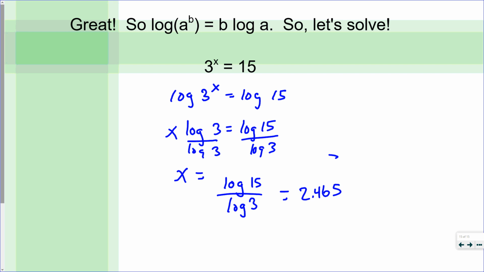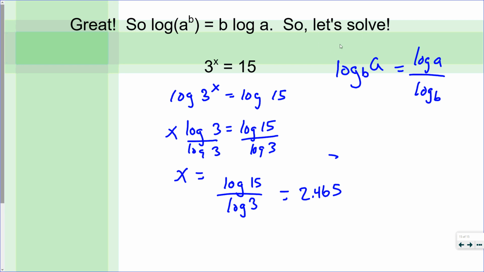This is called the change of base formula. And so what it says is this: the log base b of a is equal to log of a divided by log of b. And this b here is for us to say that it's a log of base 3.